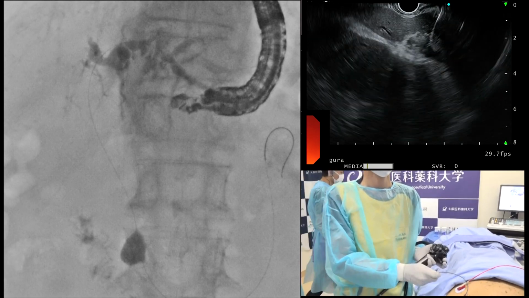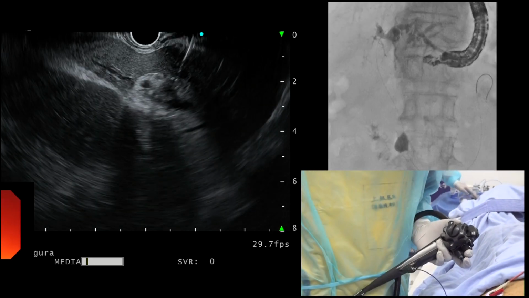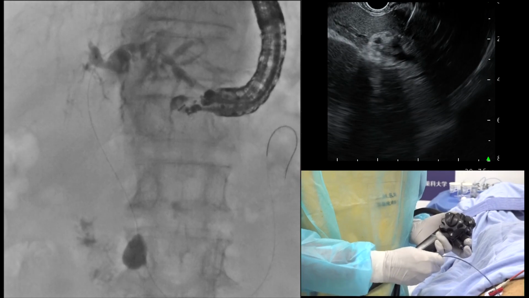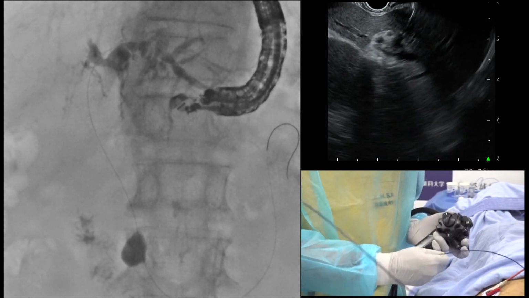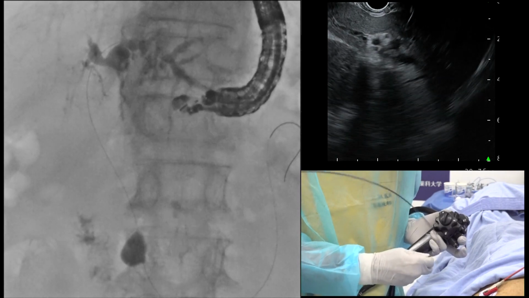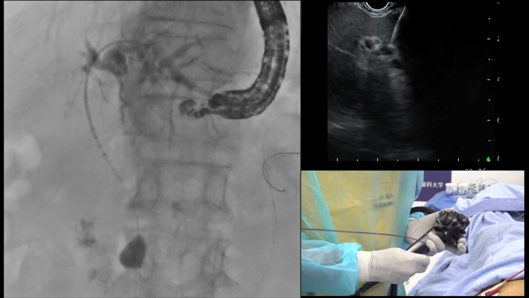Yeah, so for that study we were comparing ERCP versus CDS. In that situation, both ERCP and CDS have a similar patency, but CDS was much easier to perform and associated with higher technical success.